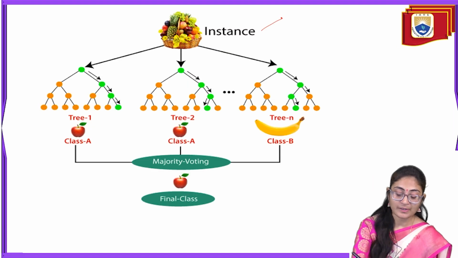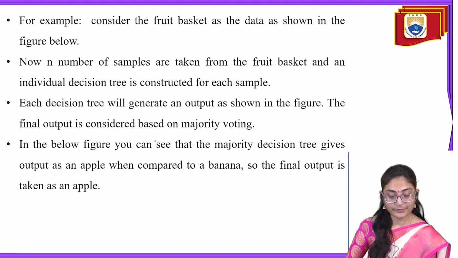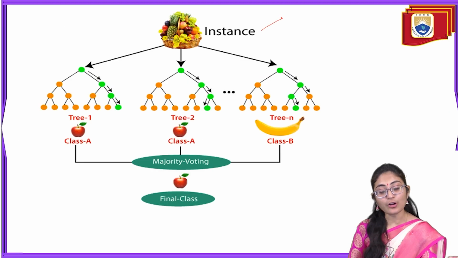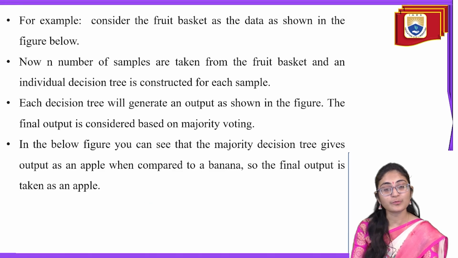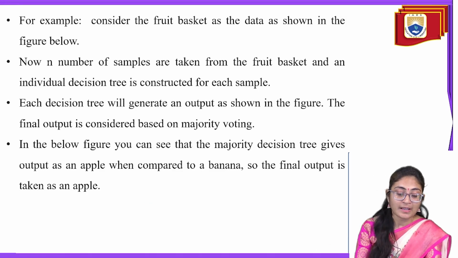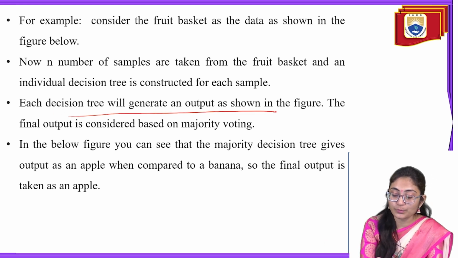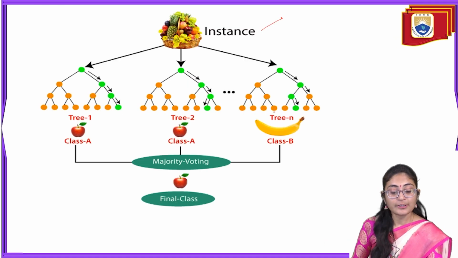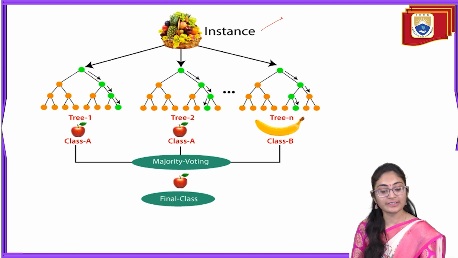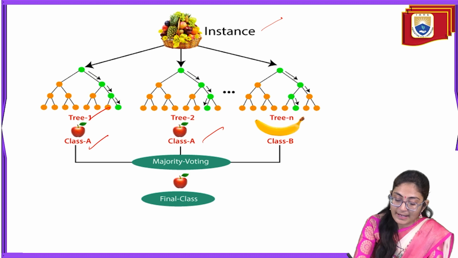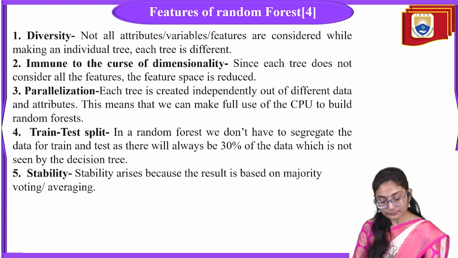You can see here, we have taken n number of samples from the fruit basket, and on that basis we will construct the decision trees. Each decision tree will generate output. Here you can see every decision tree has generated an output: tree 1 class A, tree 2 class A and tree n class B.